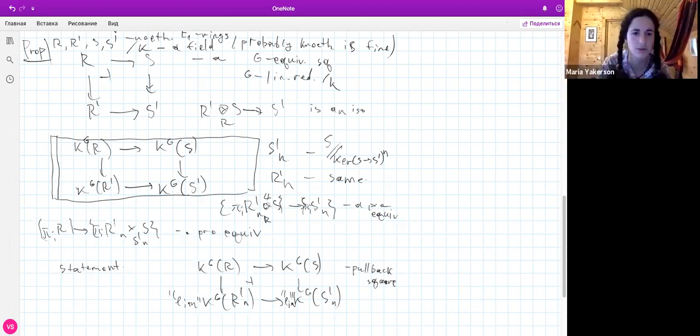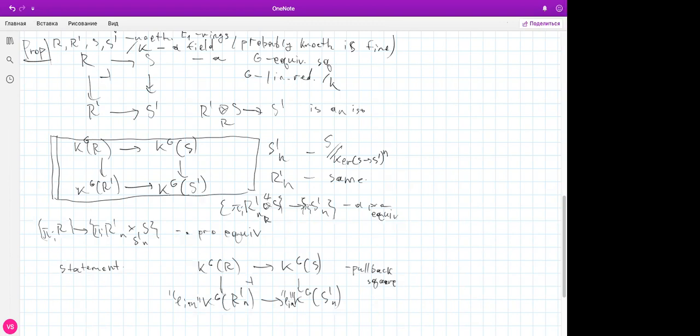So sorry, if we can watch this picture a bit longer, I'm a bit confused about the second condition. This being a pullback square does not immediately imply that the second is a pro equivalence, right? But for schemes, it would. Can you ask me again? I didn't get the question.